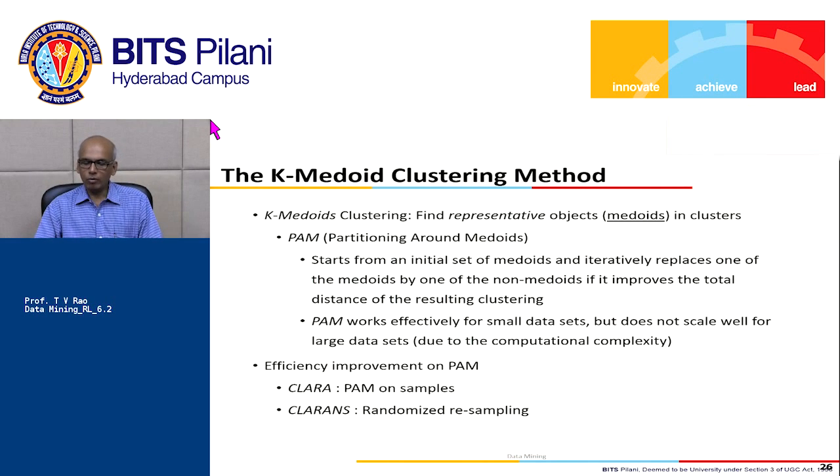Then we are going to shift and find out if there is an alternative point, a non-medoid, which can be converted into a medoid, and then proceed with the further clustering. So this approach works effectively when the data set is very small.